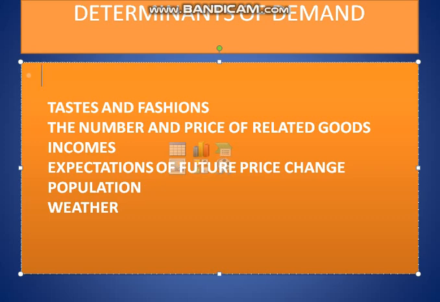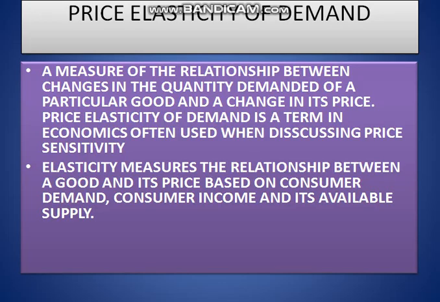Then determinants of demand, that is the factors which affect demand, which increase or decrease demand. First one is taste and fashions, or taste and preference of people who are consuming the goods. Then number and price of related goods, income of people, expectations of future price change, population, and then weather, that is climatic conditions.